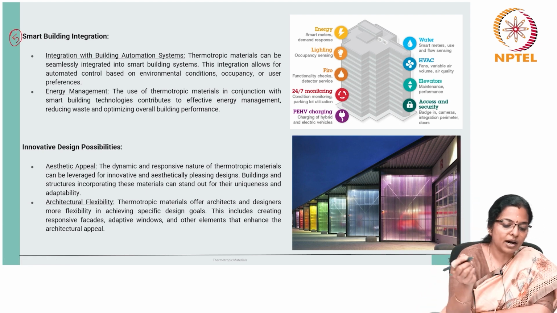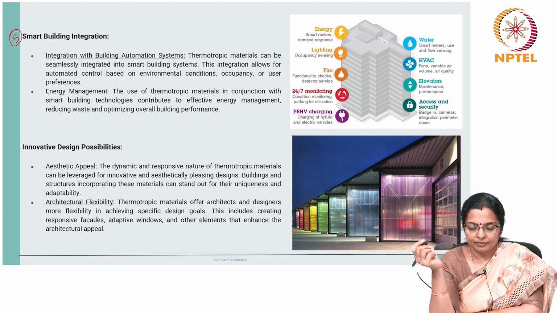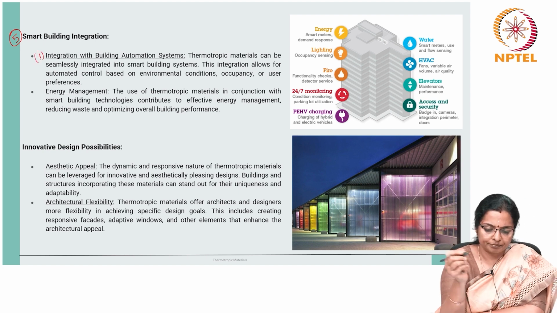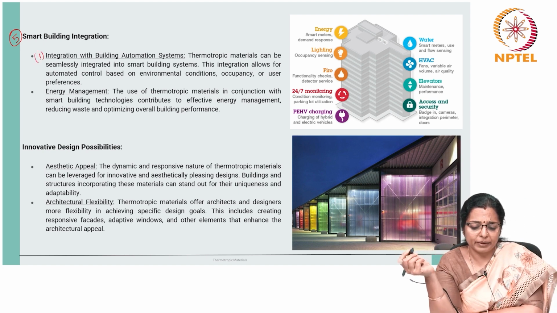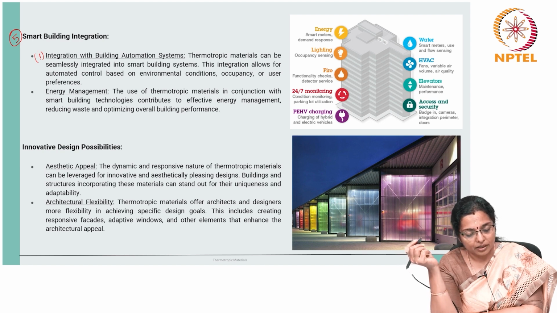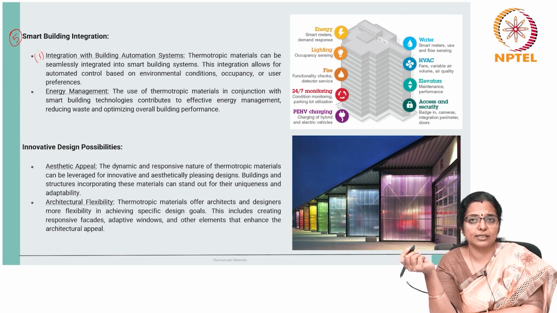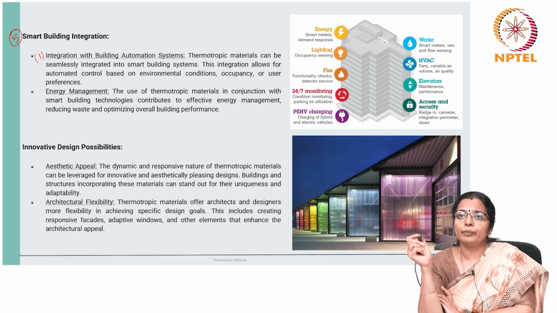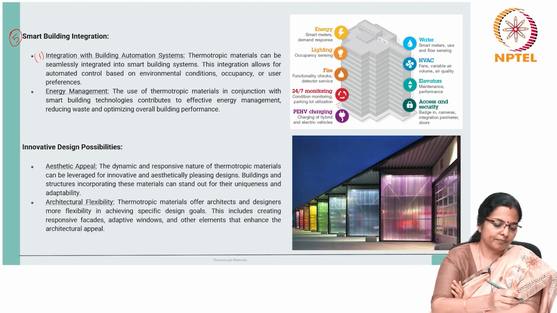Next is smart building integration. Integration with building automation system. Thermotropic materials can be seamlessly integrated into smart building systems. This integration allows for automated control based on environmental conditions, occupancy, or user preferences.